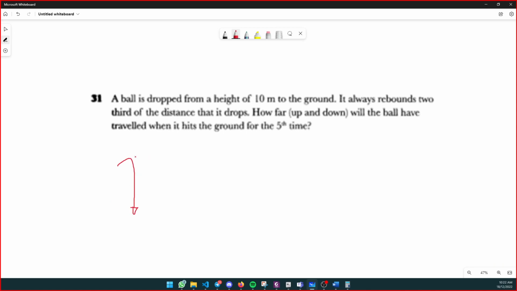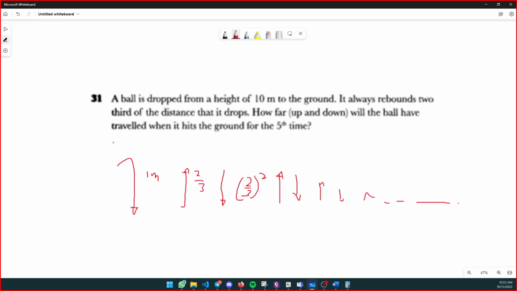So it drops, then comes back two-thirds. So the ball has to go down, then two-thirds up, down again, up again, down again, up again, down again.